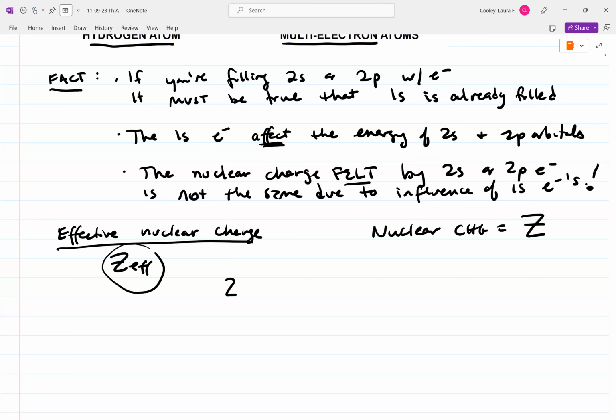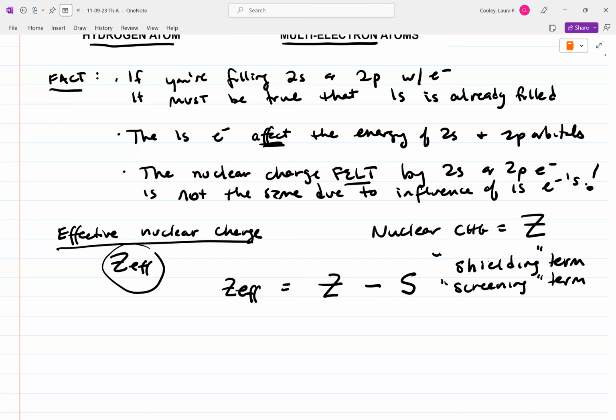It turns out that this effective nuclear charge is equal to the nuclear charge minus S, which we call a shielding term, or screening term. Now, what's it from?